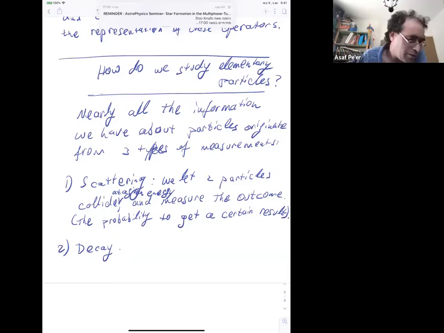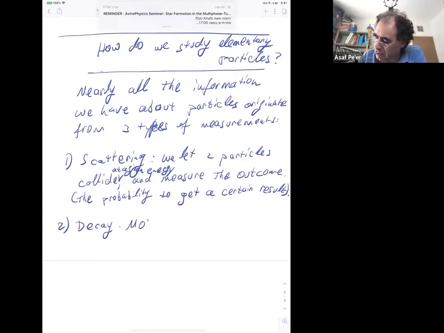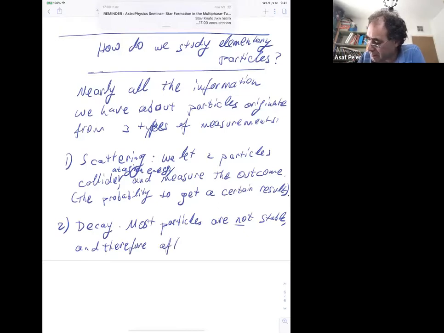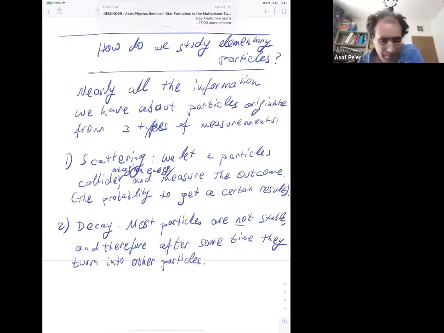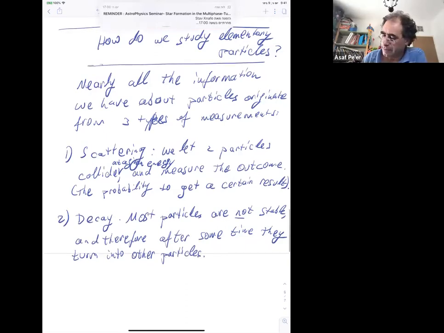They just generate new particles. So most particles are not stable, and after some time they turn into other particles. So here too, we measure the probability of a certain decay as a function of time.